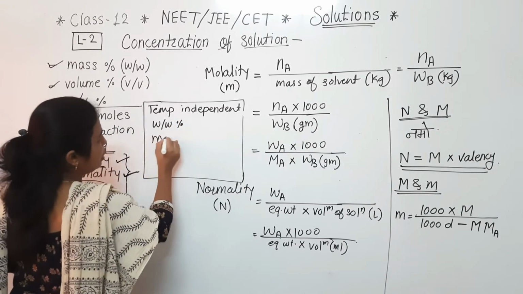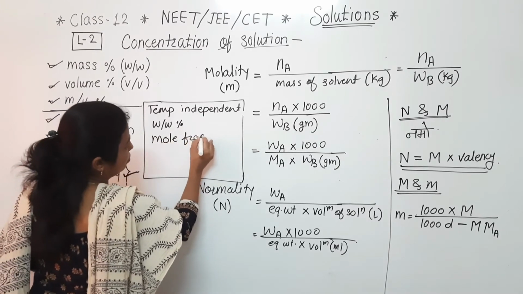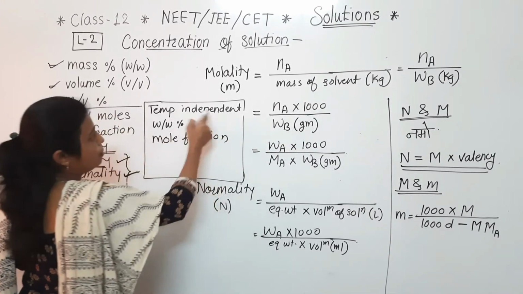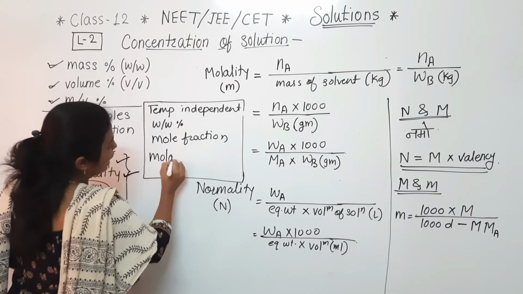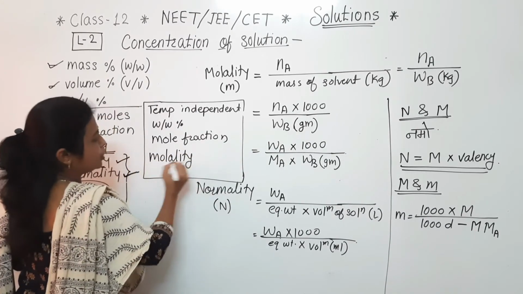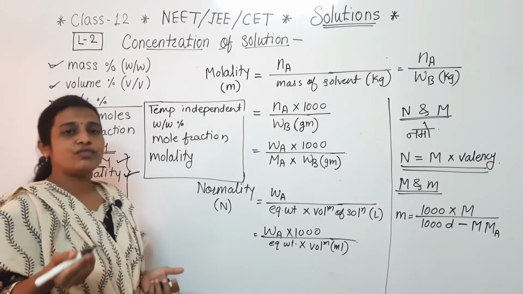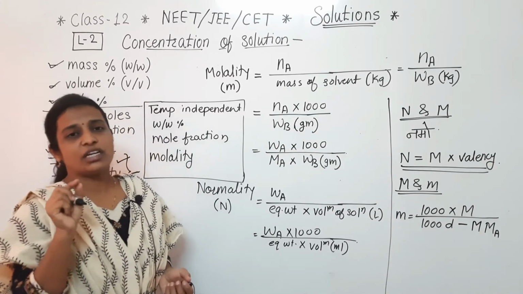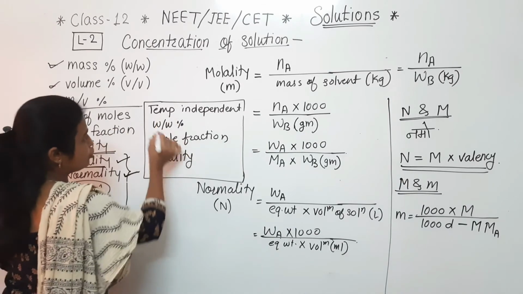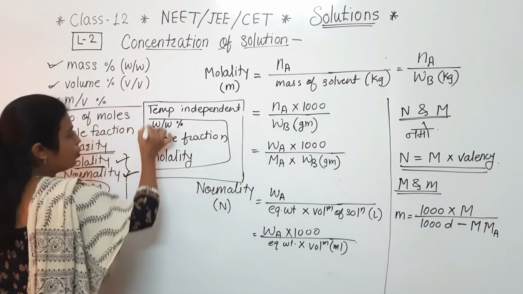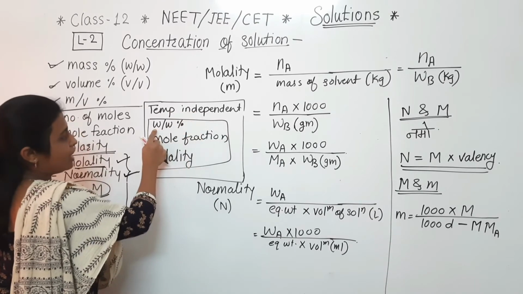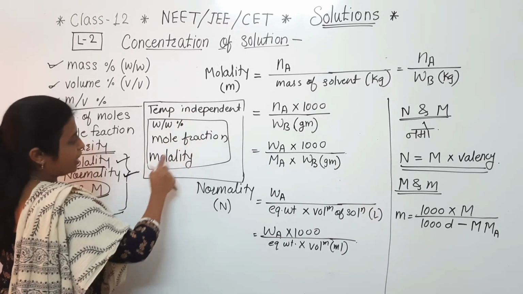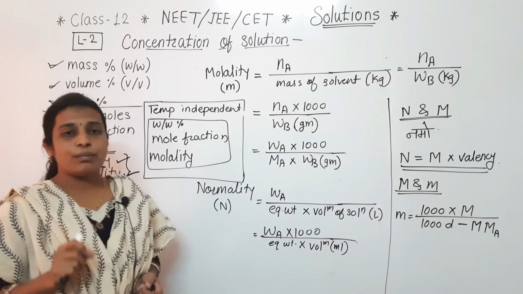Second one is the mole fraction term, which is also temperature independent. And last one is the molality. Sometimes in objective such a question will be there: which of the following is temperature independent? Our answer should be one of these three: mass percentage, mole fraction, and molality.